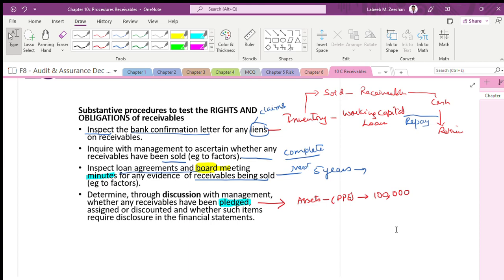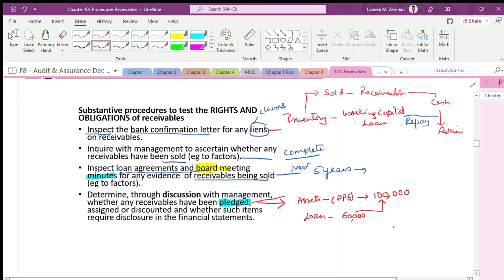Assume you are taking a loan of 60,000. This loan is against your own assets. This type of loan, a pledge, is given to customers who are high risk customers.